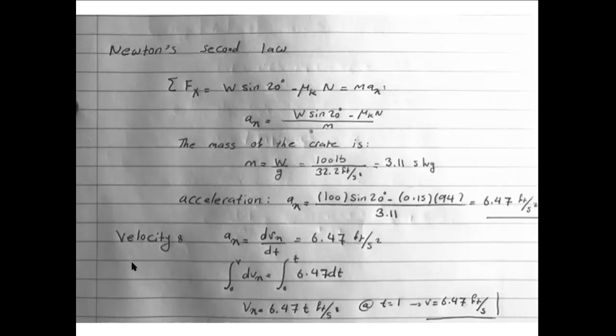In the previous chapter, we learned how to find the velocity from the acceleration. When we integrate the acceleration, we find the velocity equation. Now this is the equation of the velocity. At time 1 second, velocity is 6.47 feet per second.